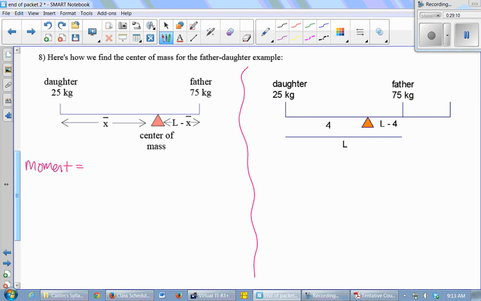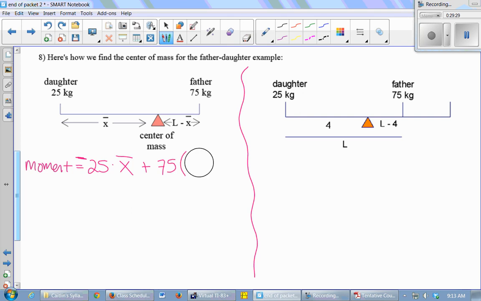The daughter's mass is 25. Her displacement from the center of mass is x bar, but she's to the left of the center of mass, so we call that negative.